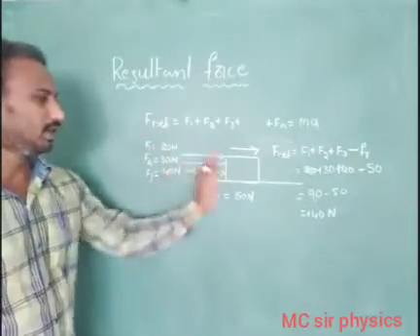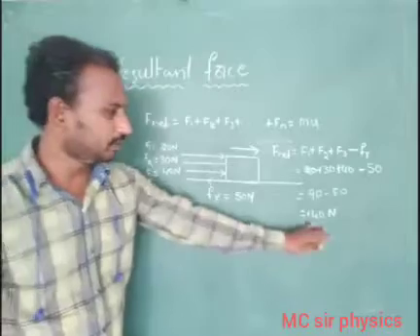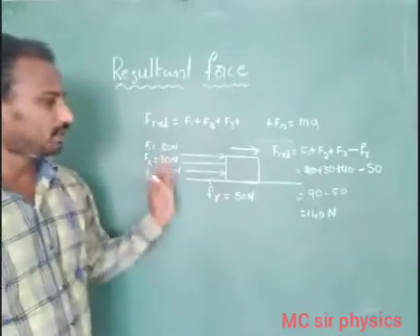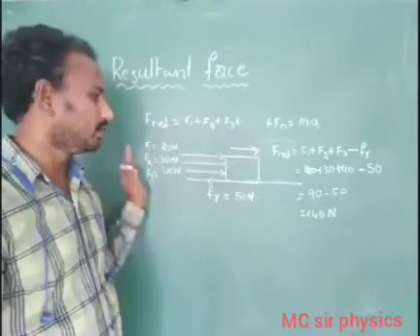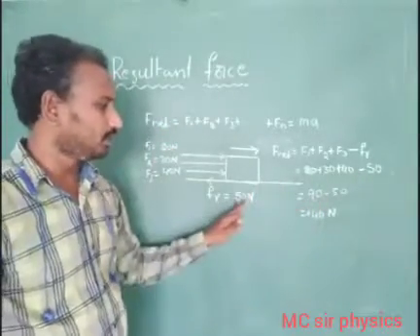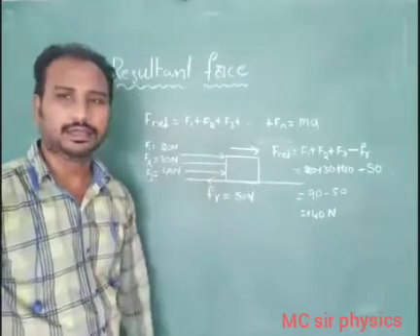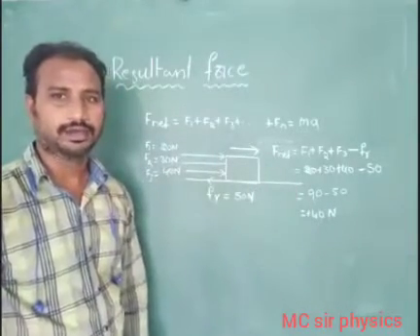But here they gave a positive sign. Yes or no? If you get a positive value, then the body is accelerating along the larger force direction. Here 90 newtons is more than 50 newtons, so it can produce that resultant force. Have you identified this point?